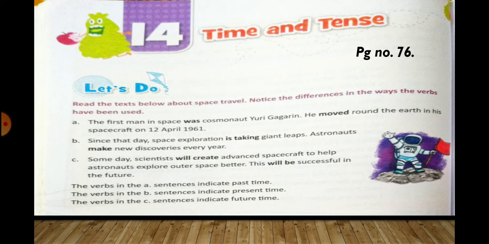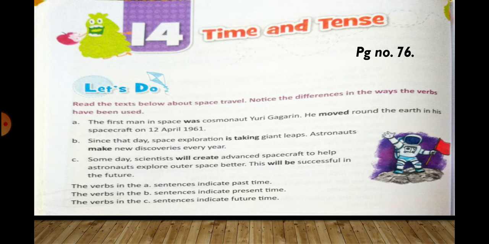The first man in space was cosmonaut Yuri Gagarin. He moved around the earth in his spacecraft on 12th April 1961. Sentence B. Since that day, space exploration is taking giant leaps.